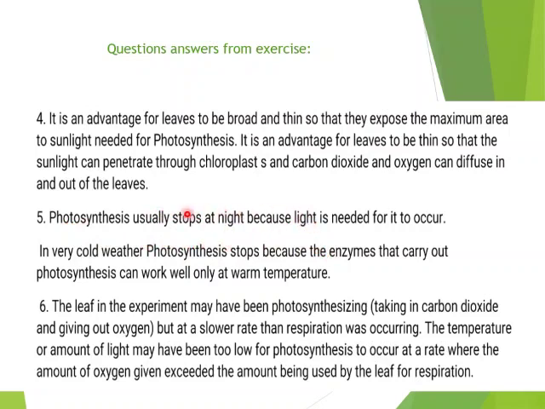If light is not there, photosynthesis will not happen. So simply at night photosynthesis stops. Now in cold weather photosynthesis stops because enzymes, the living chemicals that control the rate of photosynthesis, work well when the temperature is normal. They can't work well when the temperature is very cold.